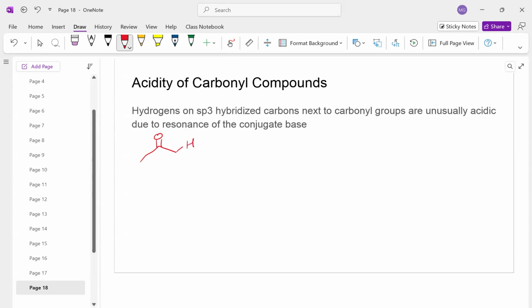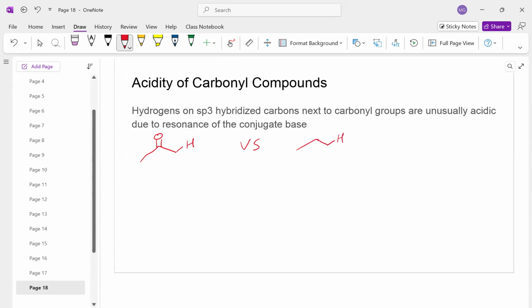So remember, I had pointed out quite a bit that hydrogens on sp3 carbons are never acidic. The pKa is just way too high. Bases don't exist to deprotonate those hydrogens on sp3 carbons. But there is one notable exception, and we're actually going to spend a lot of time on this exception next semester.